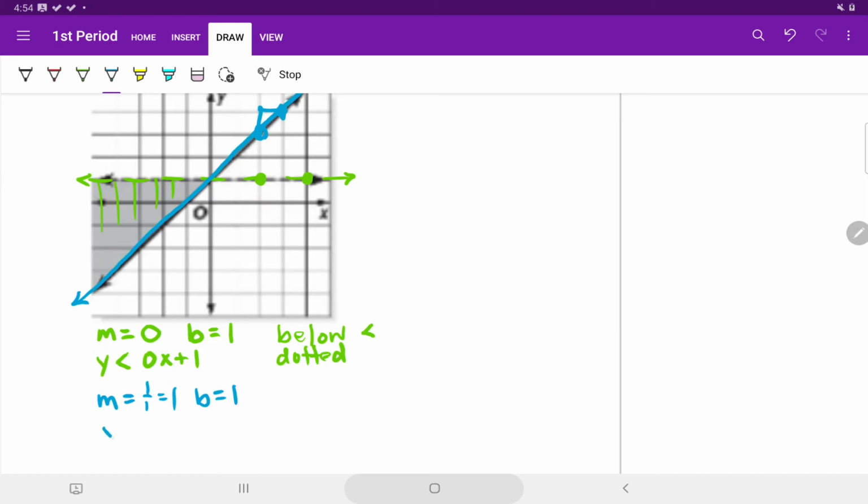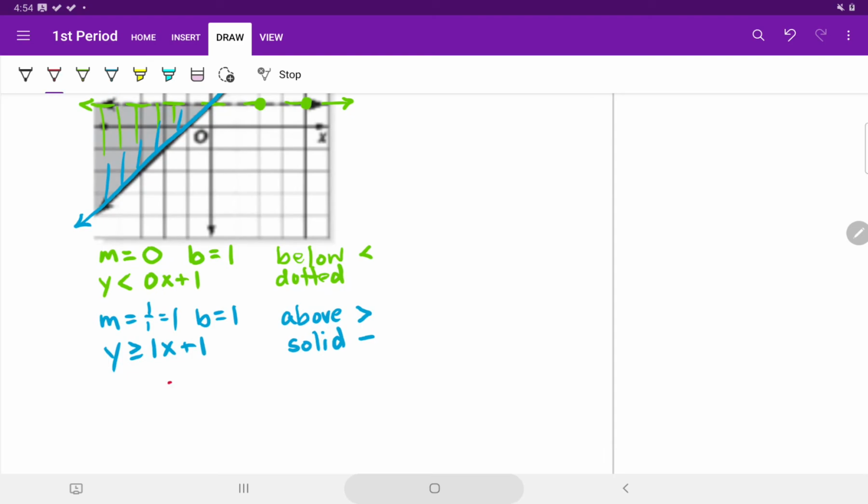So our slope-intercept form is y equals 1x plus 1. And this line is shaded above, and it's solid. So the above is going to give us a greater than symbol, and the solid is going to give us an equal to component. So here is our symbol for this one.